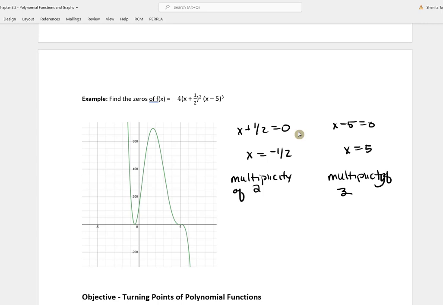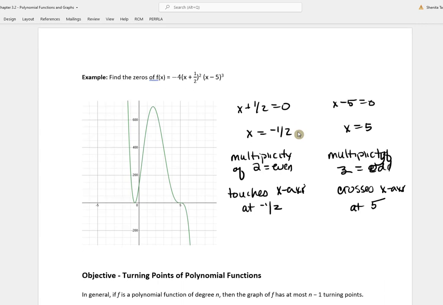Okay, I'm looking at the exponents. Since 2 is even, that means your graph is going to touch the x-axis at negative 1/2. Here, this 3 is odd. And since it's odd, that means it's going to cross at x is equal to 5.